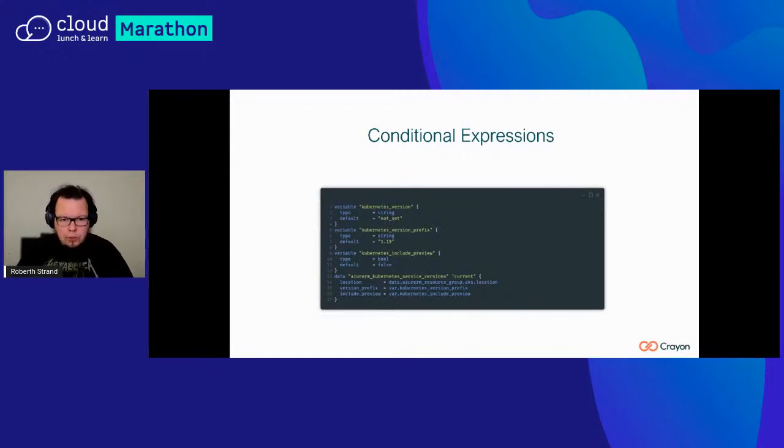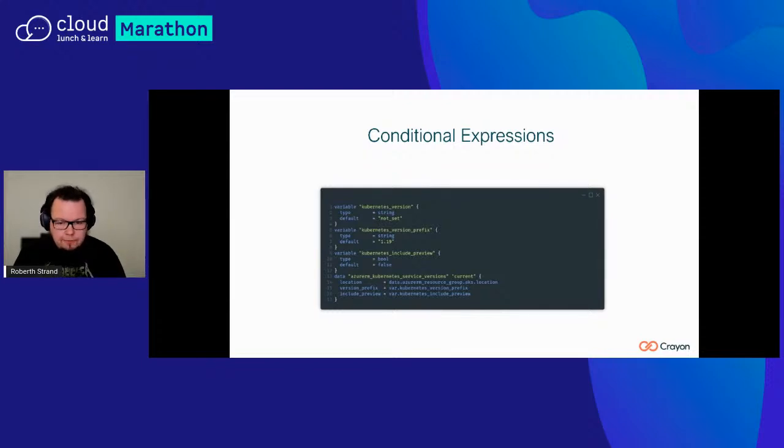When it comes to Kubernetes version prefix and Kubernetes include preview, that's something that I use for the data source at the bottom here. As we can see, we're referencing a data source called Kubernetes service versions, which looks at the location of your deployment and sees what is the latest current version that is in use.